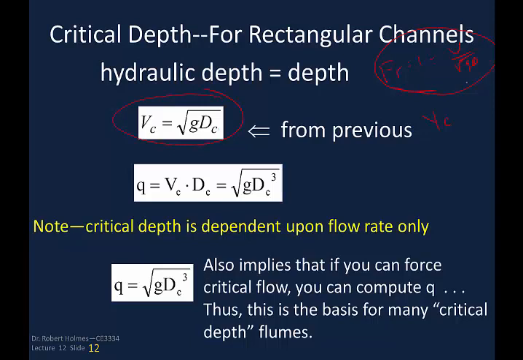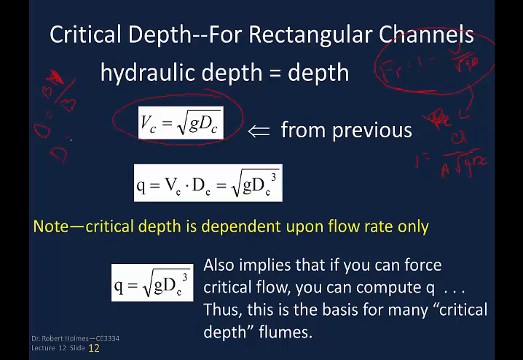And if I further work this out here, I've got 1 is equal to Q divided by A square root of g times the critical hydraulic depth. And remember, for a rectangle, the hydraulic depth is area, which is b times y, over the top width, and that's equal to b.